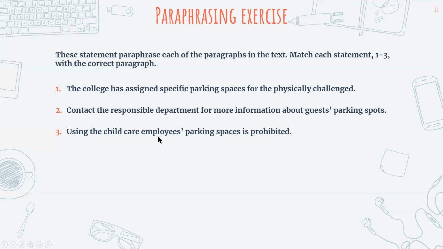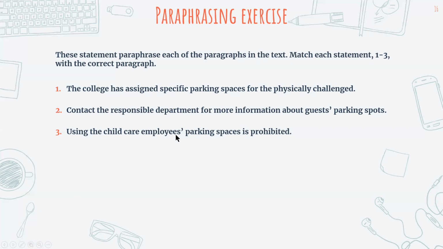Using the child care employees' parking spaces is prohibited. So it means that you can't use parking spaces of these employees. Okay. If you go back to the text, it's the last paragraph about the nursery. Okay. So this sentence doesn't say nursery employees, and let's go back to the sentence.